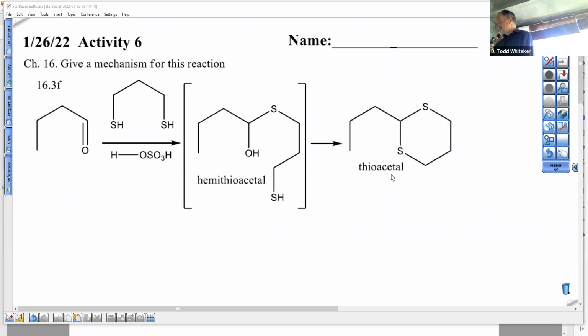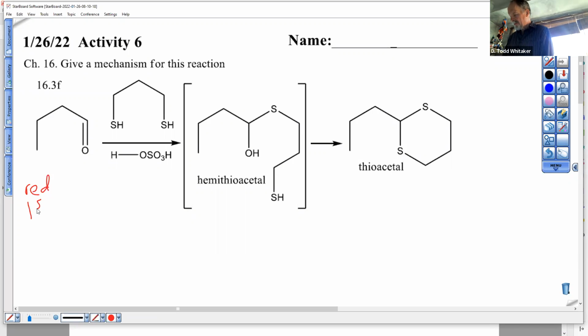Red first. I think if you look at activity 2, if you have it right beside you, activity 2 was the one where we did acetals the first time. We're going to do the same thing.